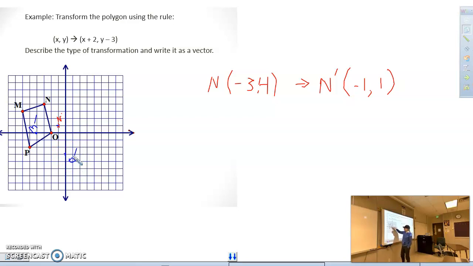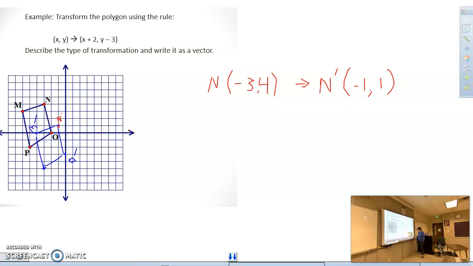And then to get to P, from O, I go down 2 and then left 3. So from O, I go down 2 and then left 3. Now this will result in the same shape as if you did all of these points right 2, down 3. But here is my image from the given pre-image. Okay, so that would be a translation.